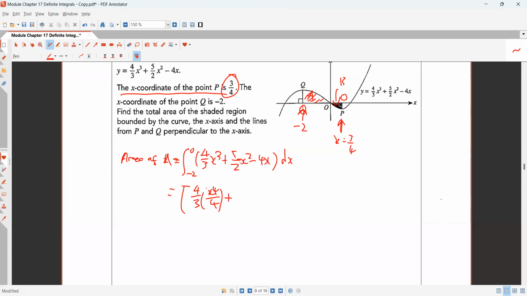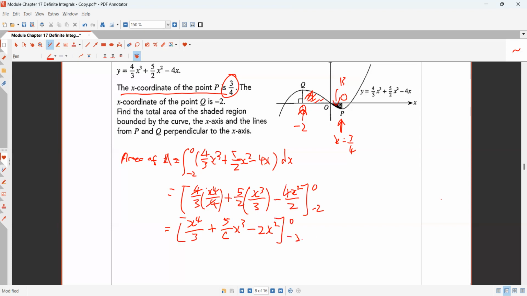Again, Haran. Yes, correct. And the last one? Then from 0 to -2. Cancel, I have x to the power 4/3. And then this one cannot cancel, so it's 5/6 x to the power 3. And the last one is 2x squared.